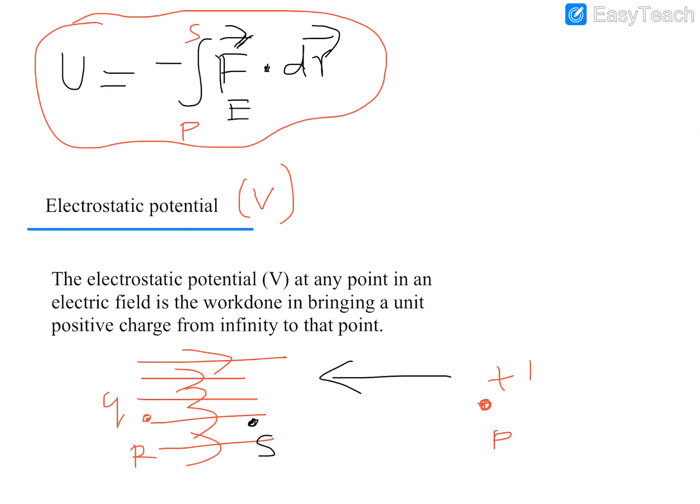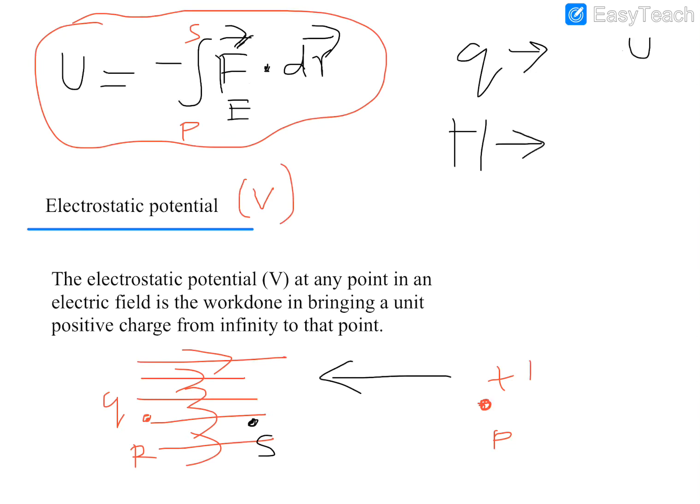So for Q charge, the amount of work done is W, that is equal to U, because you are doing work and that work is stored as potential energy.